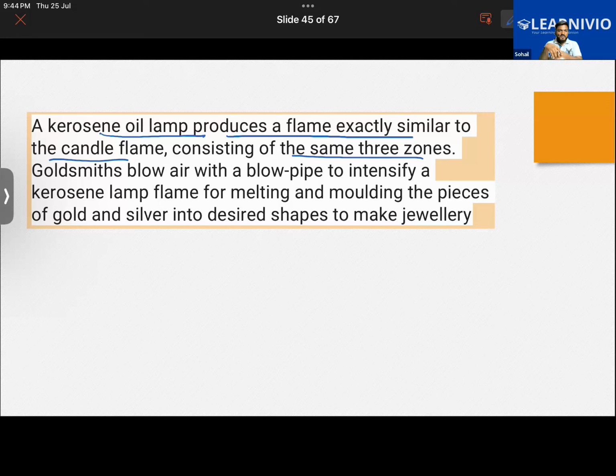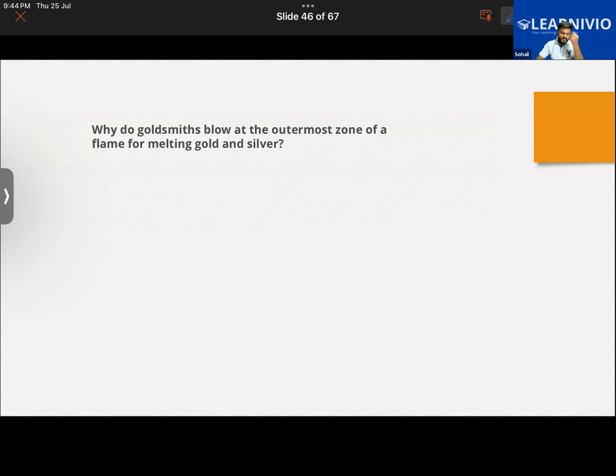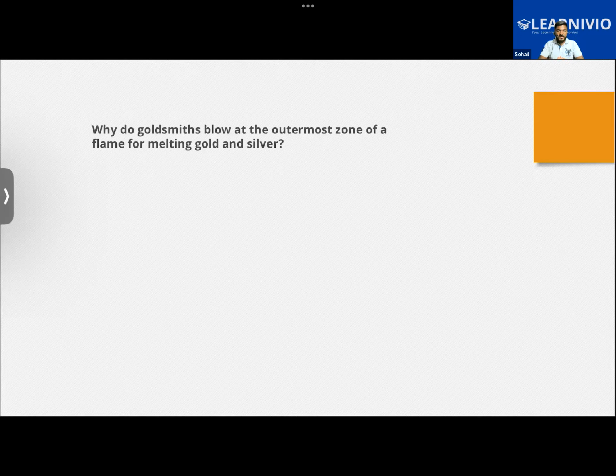That is one thing. Furthermore, if we have to melt a piece of iron or gold or something, we would expose it to the outermost zone of the flame because it is hottest. So that is the answer to this question: why do goldsmiths blow at the outermost zone of a flame for melting gold and silver? The reason being that it is the hottest zone.